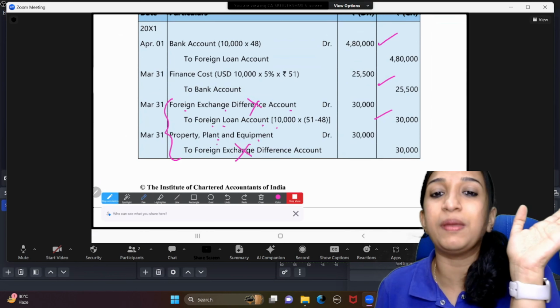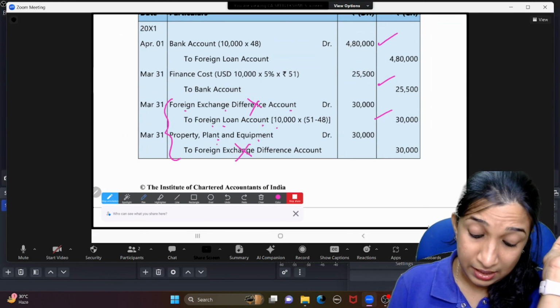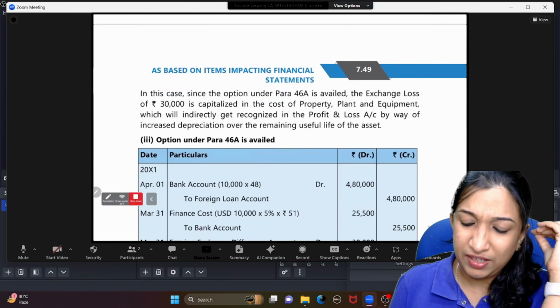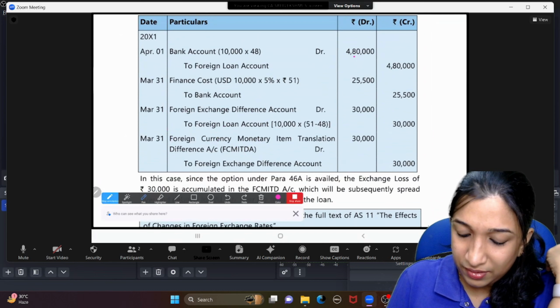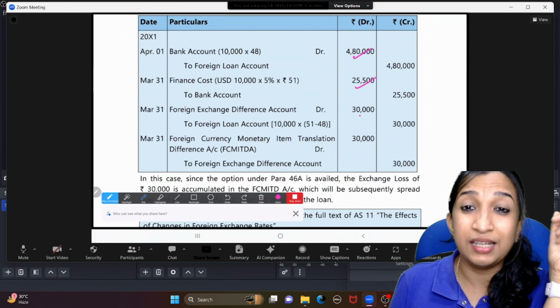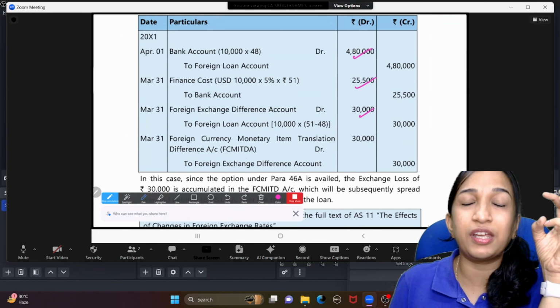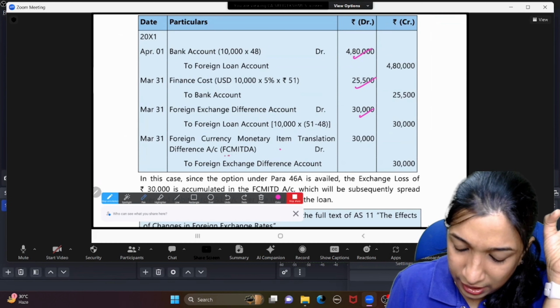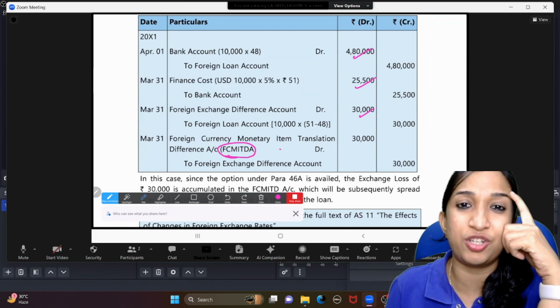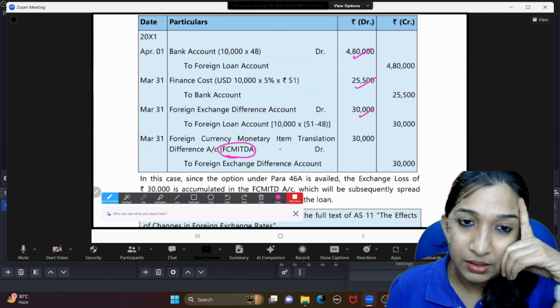If availed, it can be capitalized to asset. Then if it is for something else, then these entries are all correct. Then instead of transferring it to P&L or asset, we can transfer it to the foreign currency monetary item translation difference account.